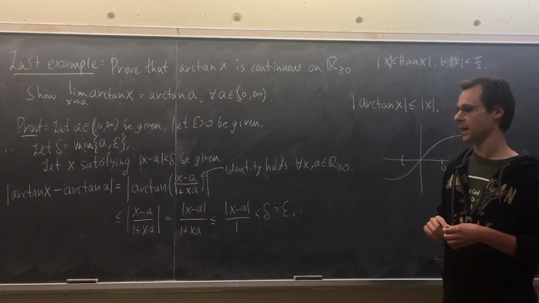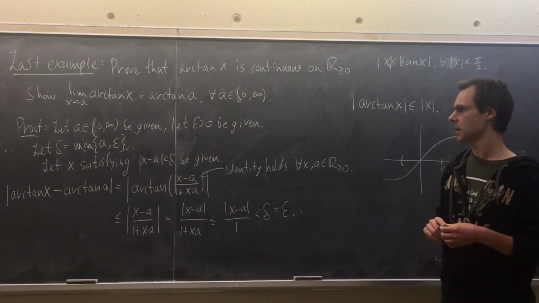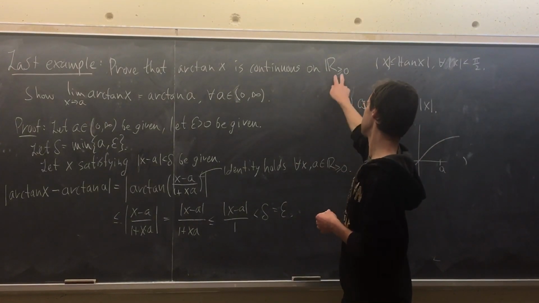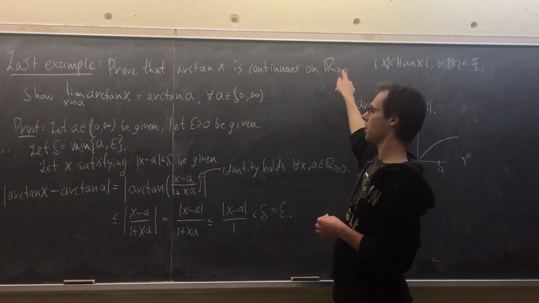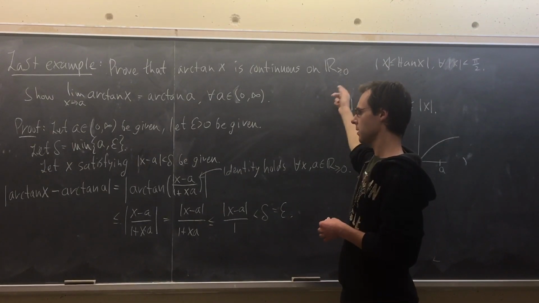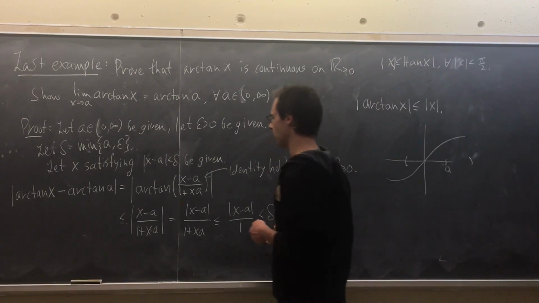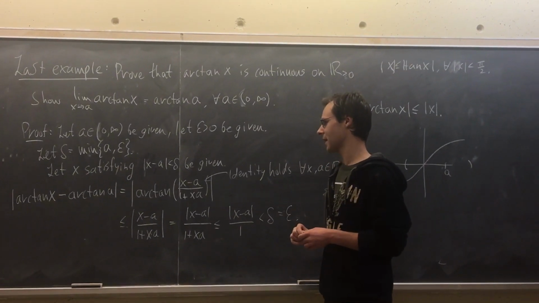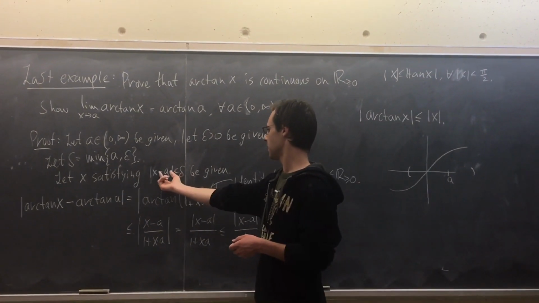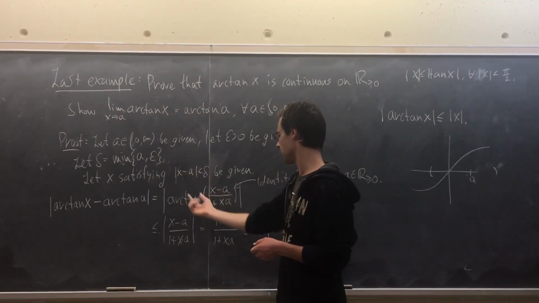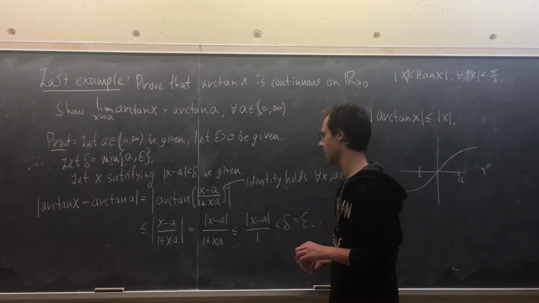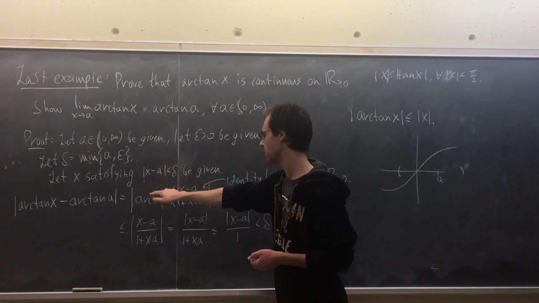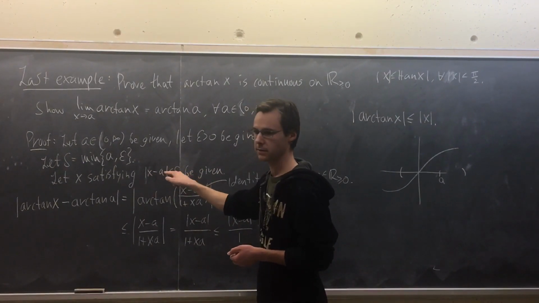You can consider now the case of a equals 0 separately and use a right-handed limit, since we do want continuity on the real numbers greater than or equal to 0, okay? So I'm not going to write this out. You can write it out as an exercise, but the only modification which would need to be made would be a being set equal to 0 over here, and we're doing a right-handed limit, which would mean that we would drop the absolute value, and we just have x less than delta.